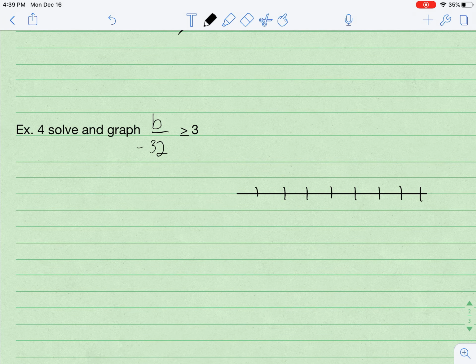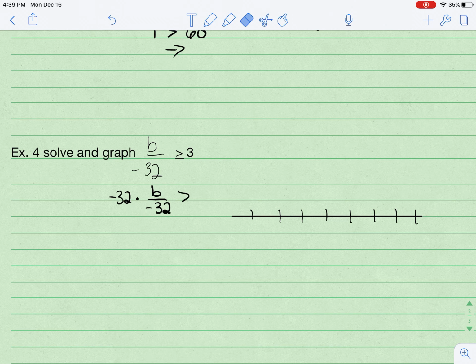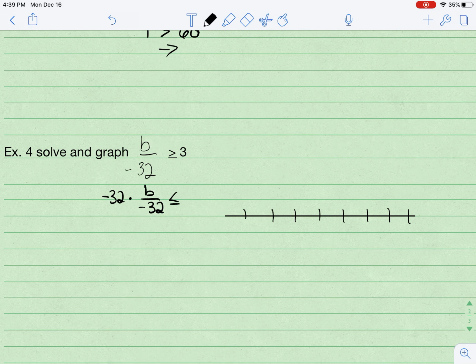Okay, last one, b divided by negative 32 is greater than or equal to 3. So to undo division, we have to multiply both sides by the number we're dividing by. We're going to be multiplying both sides by a negative, so we're going to flip that sign around.